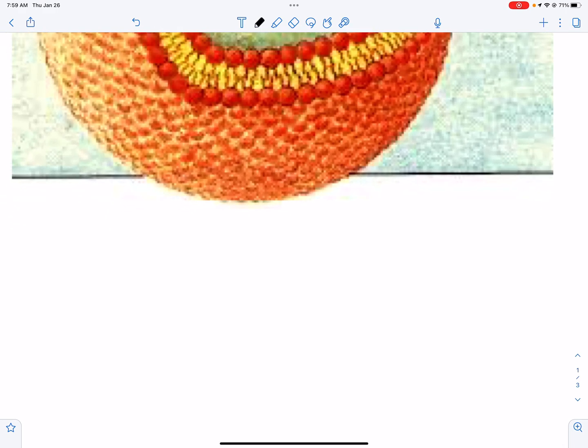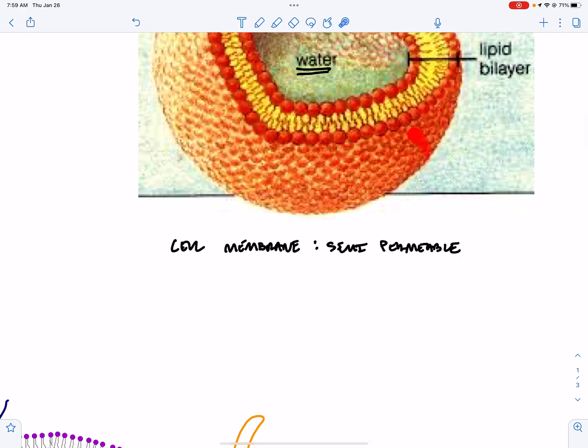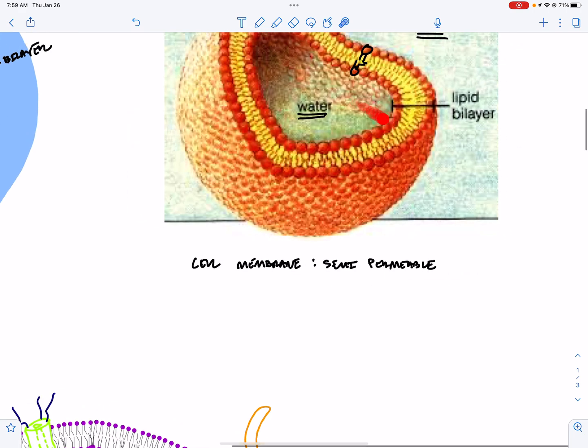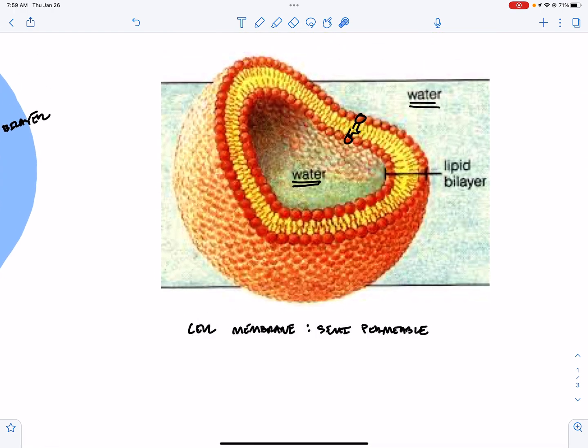So we call the cell membrane semi-permeable. Only certain things are passing through it. And we'll talk in greater detail about what passes through the cell membrane and what is excluded from the cell membrane in a screencast, I think tomorrow or the next day.